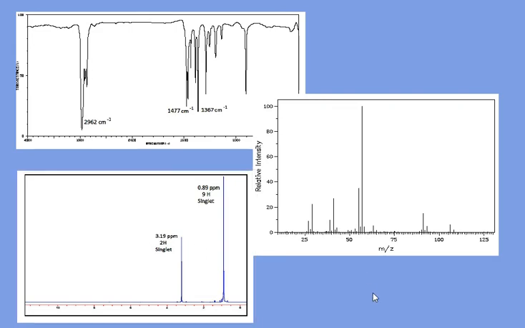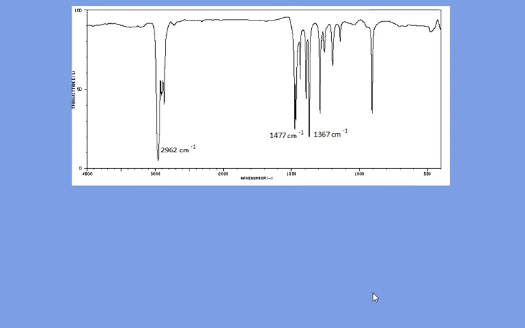So let's start with the infrared. And we have the peak at 2962 wave numbers. And of course that's right in the range for a carbon to hydrogen stretch, as we'd normally see it. Nothing unusual or exciting there.